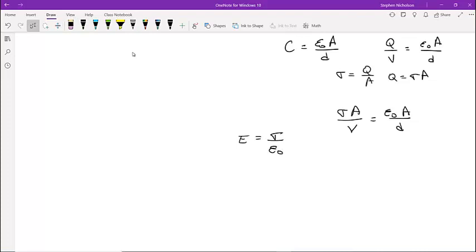So I think if I solve for epsilon 0 here, that'll be equal to sigma over E. So I've got sigma A over V. For epsilon 0, I put sigma over E times A over D. These cancel out.